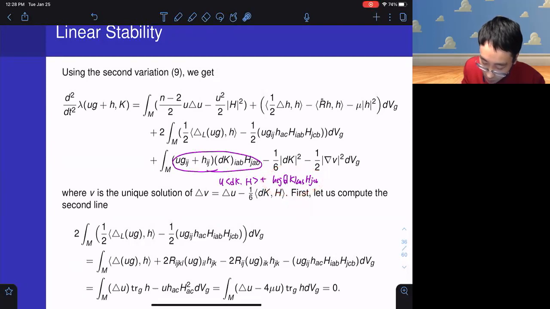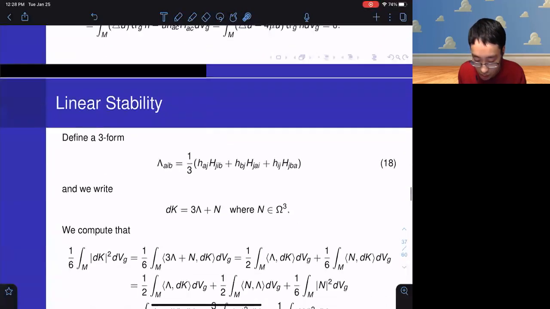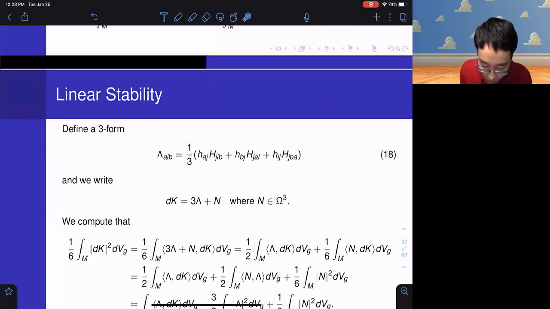How to say something about this? We may try to decompose dK, we want to decompose dK to be something better. Therefore, we will define a three-form like this: Lambda AIB to be 1/3 some term, H symmetric tensor composed with a three-form.